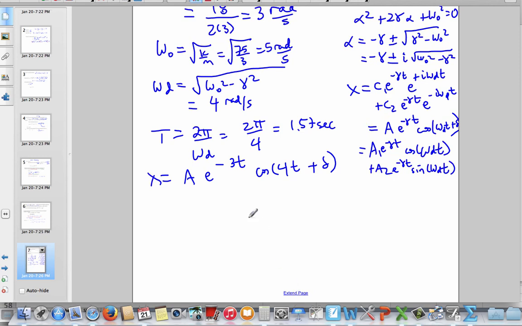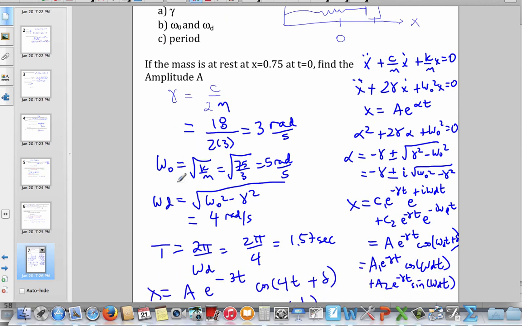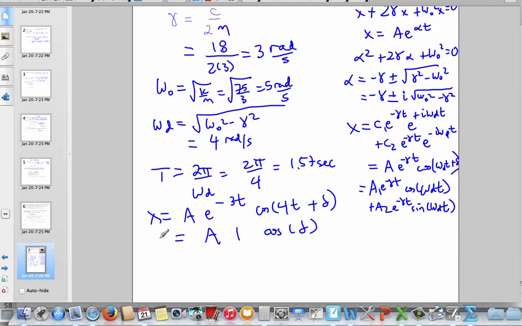So at time 0, we put in time 0 there, and that's just going to be cosine delta. And that's time 0, so the exponential is just 1. And so this is A, and then the mass was given as 0.75. Okay, so that's the condition for the position.